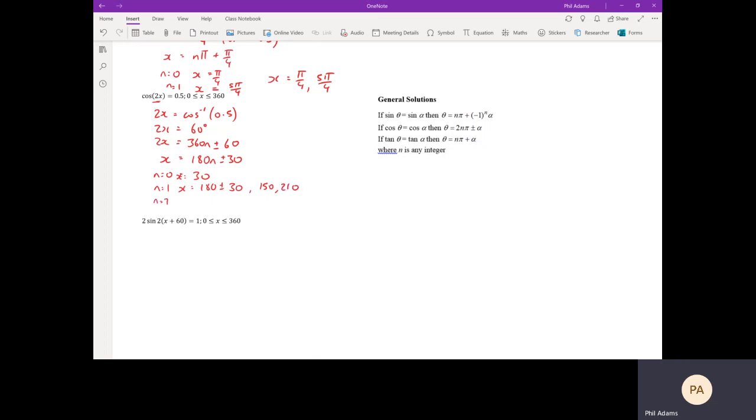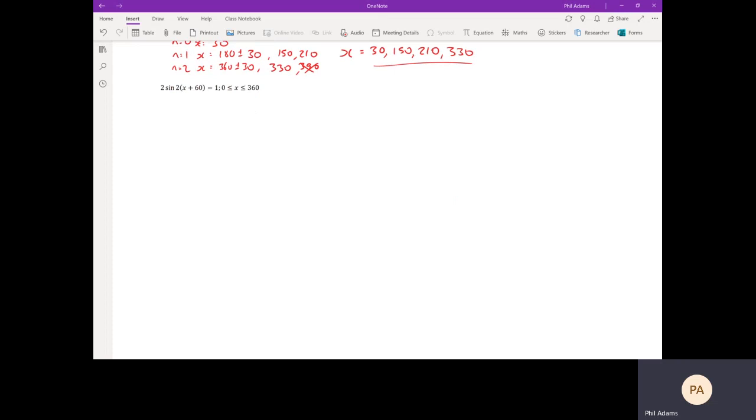If we try n equals 2, x is going to be 360 plus or minus 30, which gives us 330 and 390. Now 390 is too big. So our answers are going to be 30, 150, 210, and 330. Again, there should be 4 answers because we've doubled the frequency, so there should be twice as many answers inside our normal period.